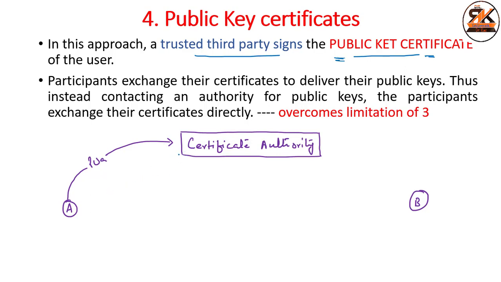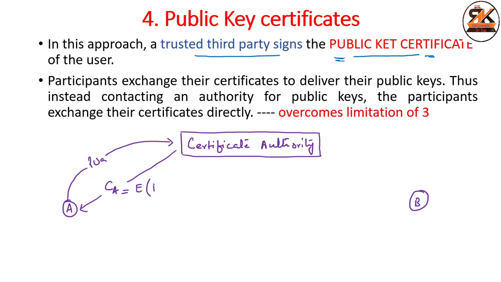Then, in response to this message, Alice is going to have the certificate as CA. So Alice is going to have a certificate as CA, and the contents of this certificate are going to be signed, that is, in encrypted form.